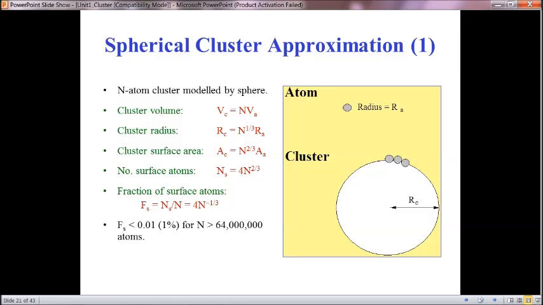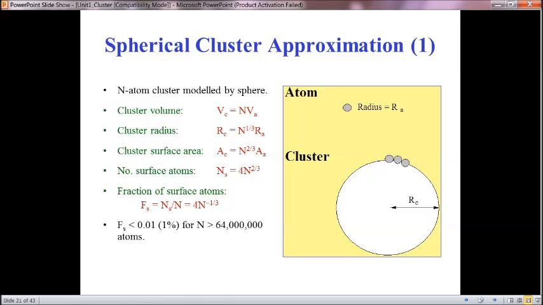If an n-atom cluster is modeled by a sphere, and the radius of the nanoparticle is taken as r suffix a, and the radius of the cluster sphere is taken as r suffix c, then the cluster volume is V_c equal to n into V_a, where V_a is the volume of the atom. The cluster radius is R_c equal to n to the power 1 by 3 into R_a, where R_a is the radius of the atom.